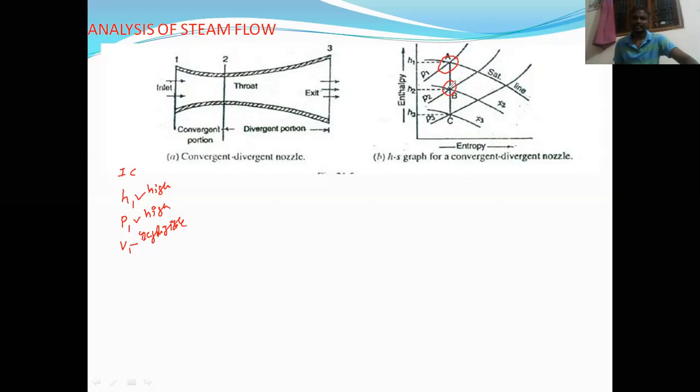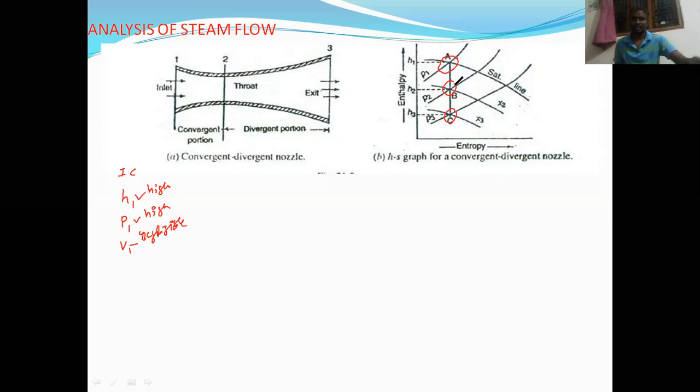Here the pressure will be P2 and the enthalpy will be H2, and here is the third point, the exit. At this point, H3 is the enthalpy and P3 is the pressure. We can also observe the line drawn vertically, showing that from inlet to exit the enthalpy of the steam is reducing.